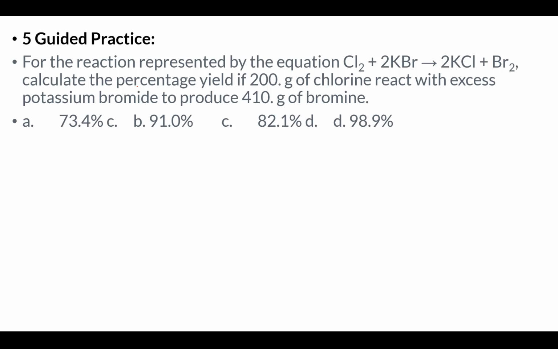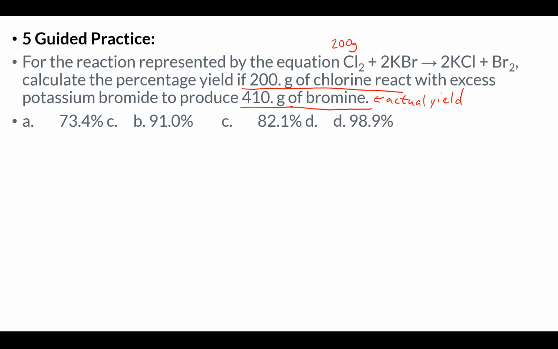Calculate the percentage yield if 200 grams of chlorine react with excess potassium bromide to produce 410 grams of bromine. So this is our reactant, 200 grams of chlorine. I'm just going to write that, 200 grams. And it produces 410 grams of bromine. So this is going to be our actual yield.